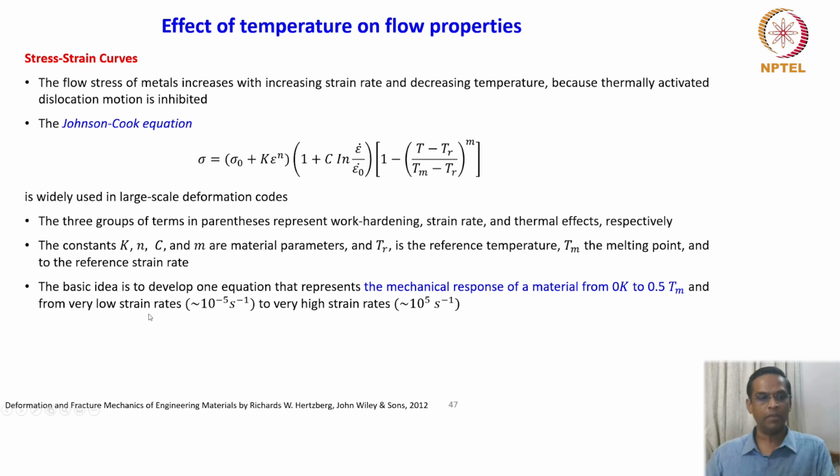It tries to represent the material behavior with all these constraints, right? Low strain rate to high strain rate, low temperature to high temperature, and then involving work hardening, all of them. So this equation is also very useful to describe the material behavior.